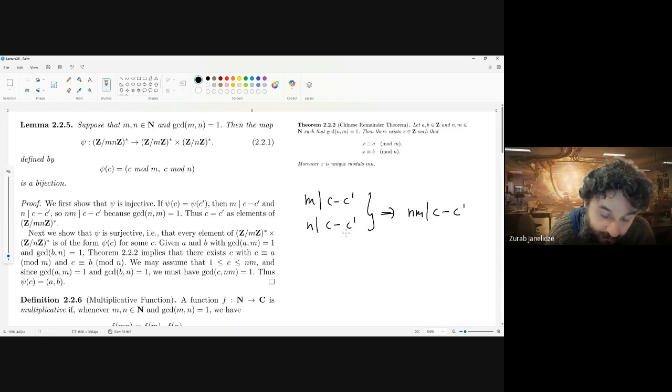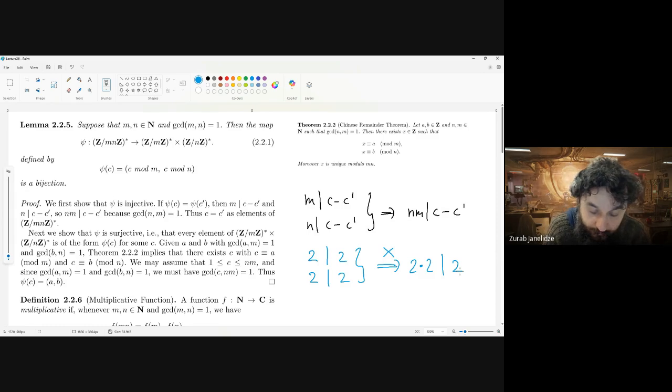It is important here that the GCD is 1, because if it wasn't so, let's say take m and n to be 2. 2 divides 2, 2 divides 2. It does not imply that 2 times 2 divides 2. So what fails the implication here is that m and n have a common prime factor, while each of them can be found in the prime factor decomposition of the 2 on the right-hand side.